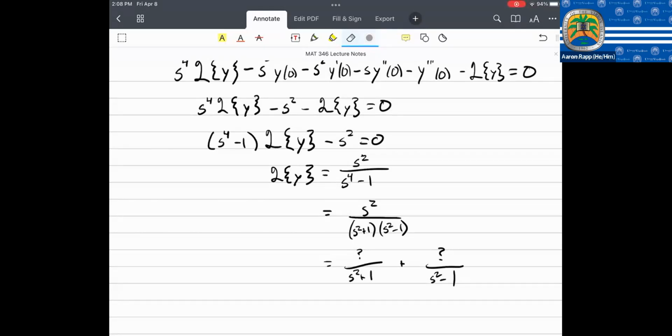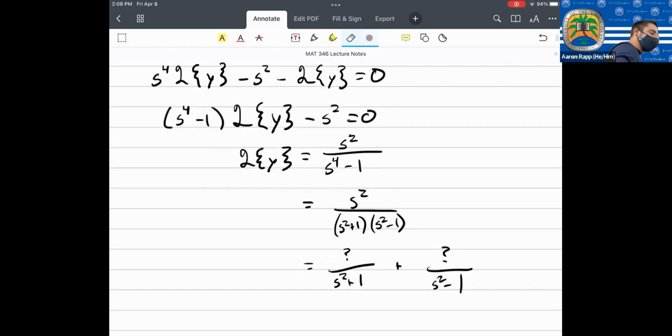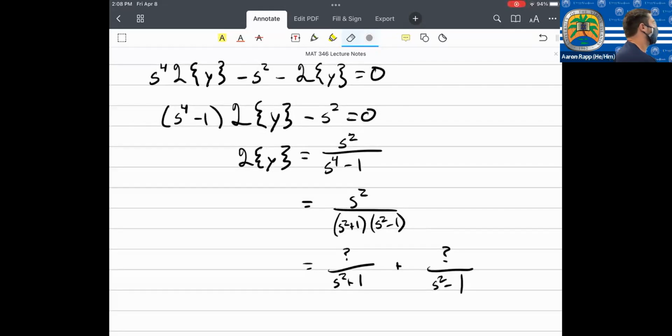S squared plus 1 squared over a number a, as long as I get a 1 in the numerator to appear, maybe it's a sine. But the only thing that I have that deals with subtraction is maybe this hyperbolic cosine. So maybe I want to leave it as that, or I can make another little clever observation.